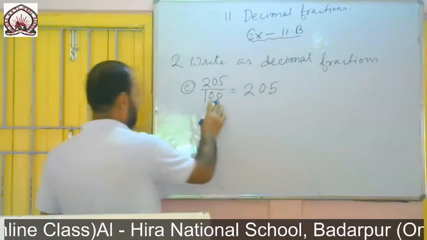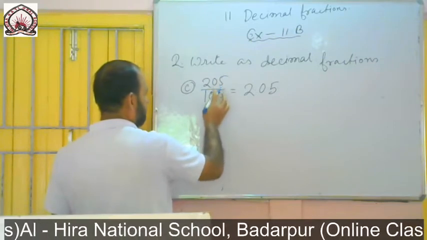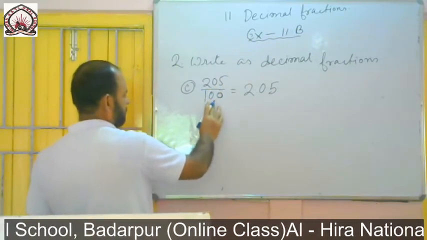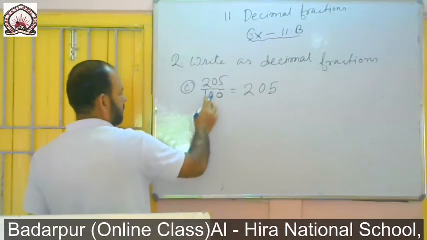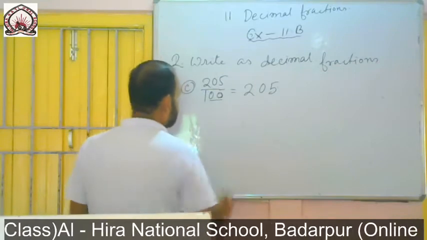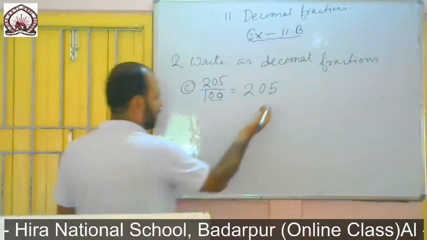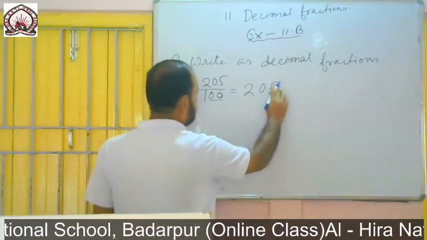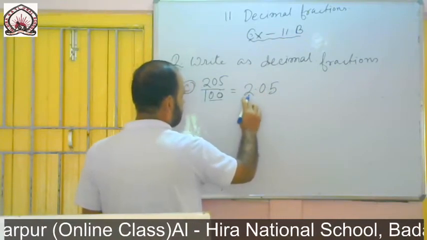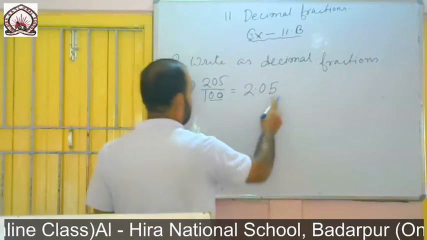In the denominator 100 there are 2 zeros, so before 2 digits we give the point, that means 2.05.